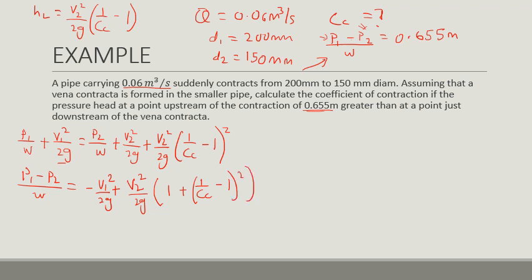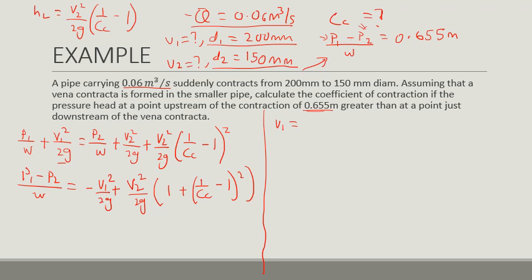And now, what do we know and what do we not know, so that we can substitute into the equation and get our answer? In the question, we're given the discharge, and we're given D1 and D2. So we can find V1 and V2 from Q and a combination of D1 or D2.